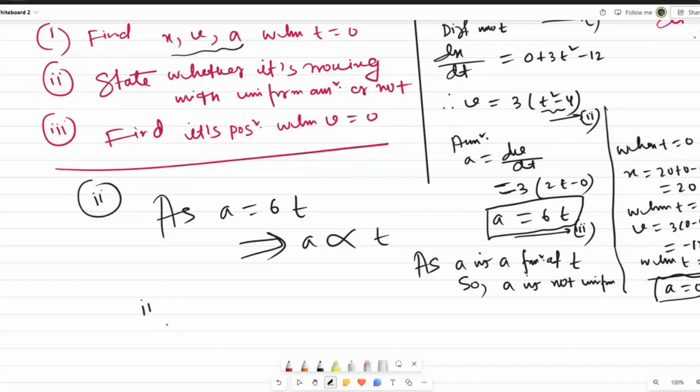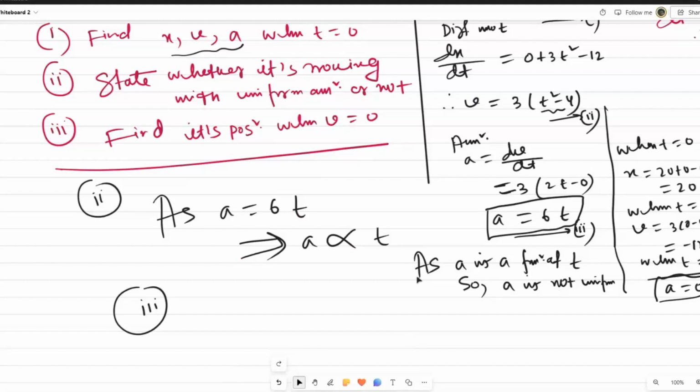Then number 3. Find its position when v equal to 0. This is interesting. This question is a calculus mathematics based question. Find position when v equal to 0. V is the expression you have to take. This you cannot do without calculus.